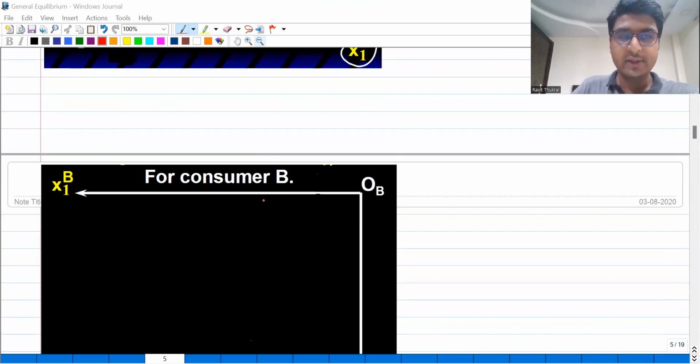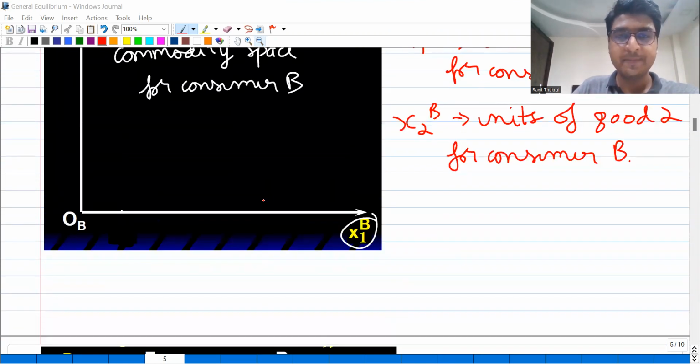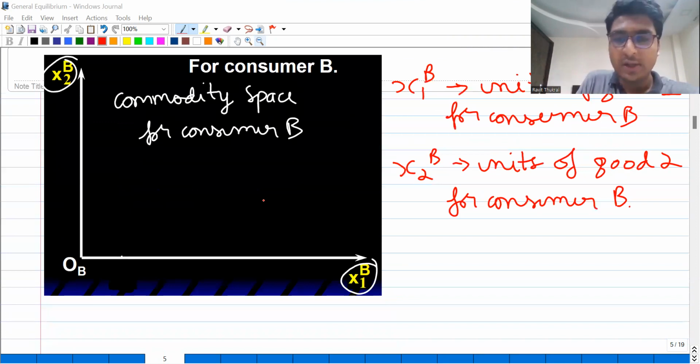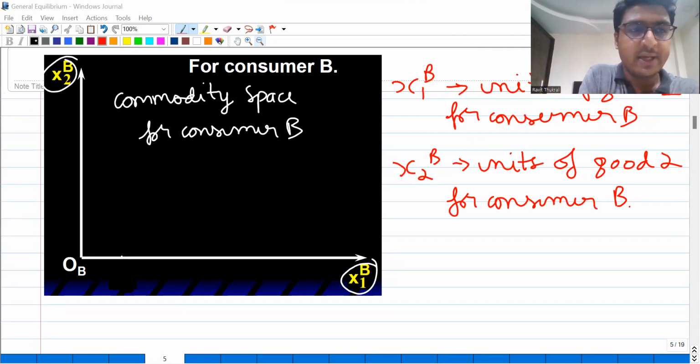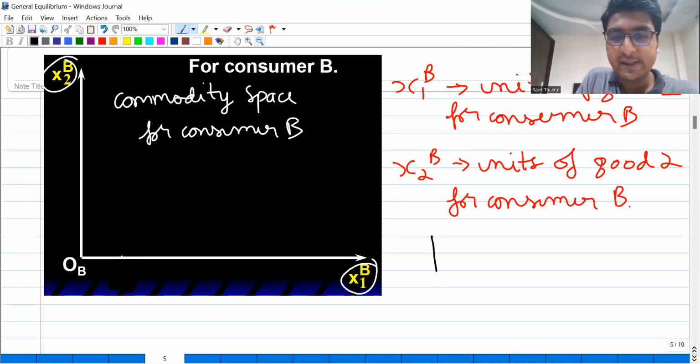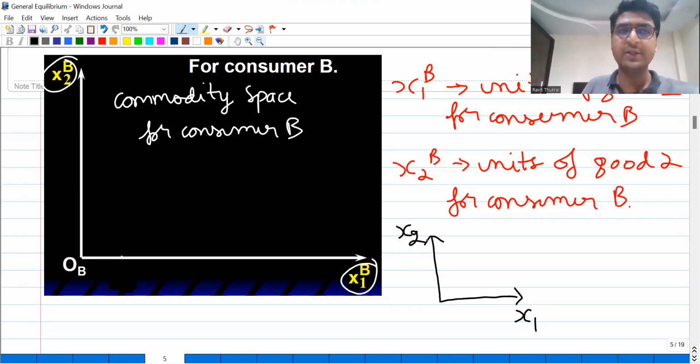Now what I can do is flip this commodity space. Initially, the commodity space for individual B is like this. ठीक है, यहाँ पर उसका good 1 है, and here is the good 2 for this consumer. What if I rotate it?